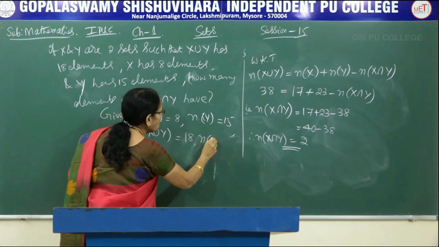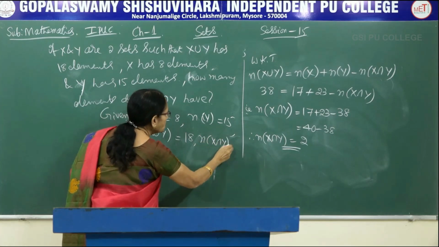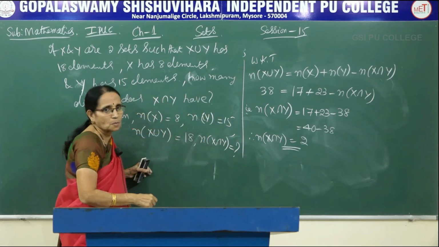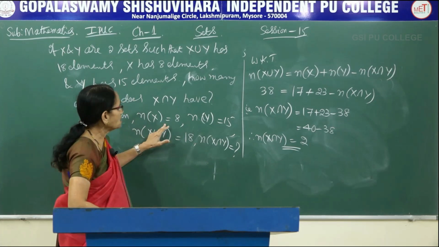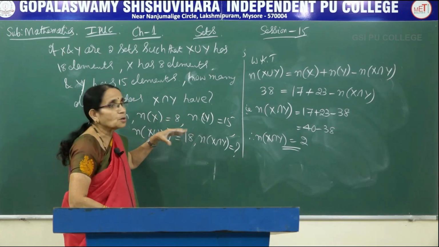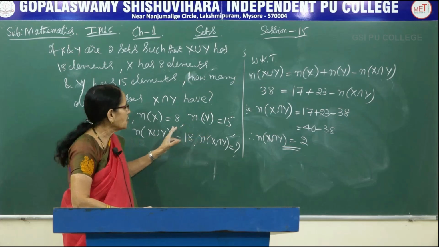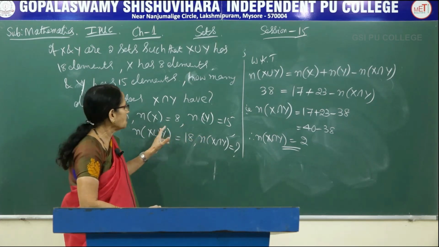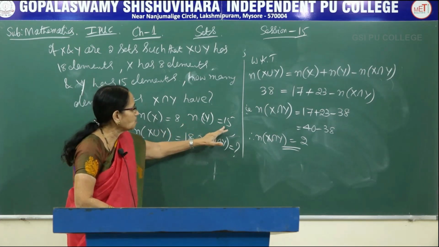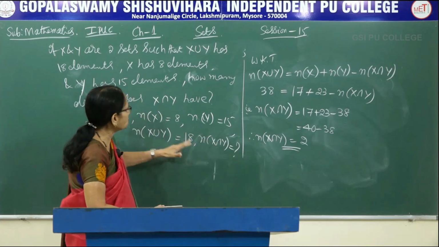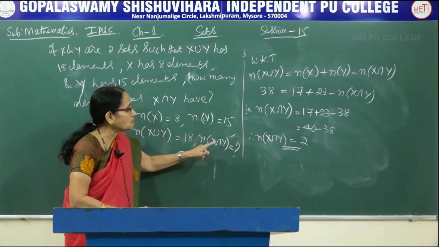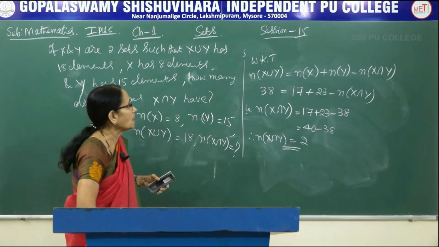What has to be calculated? N of x intersection y, write the question mark. This notation was already given in the previous problem. Here one more step you have to write: n of x is 8, n of y is 15, n of x union y is 18, and n of x intersection y has to be calculated.